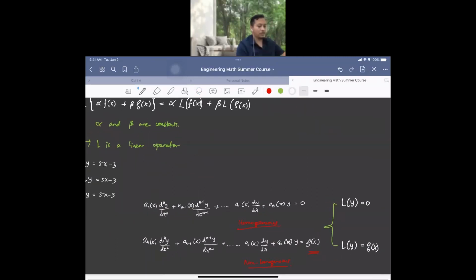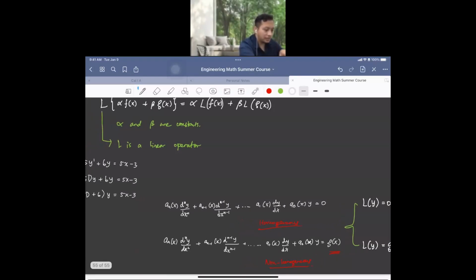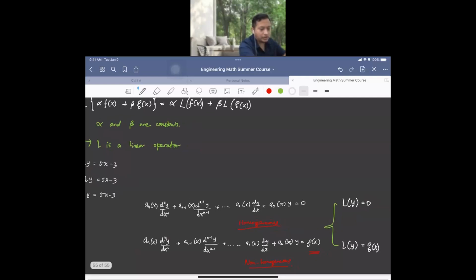So what it means is that this L can write all the combinations that have D inside of the differential equation and make it more simple. So we just write L, and then L y equals 0 means the homogeneous one, and L y equals g of x is the non-homogeneous one.